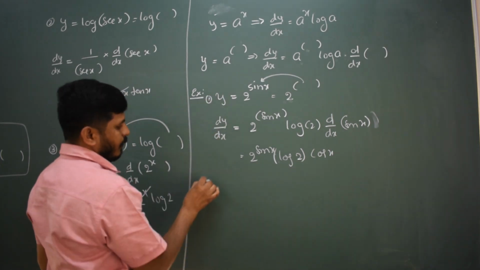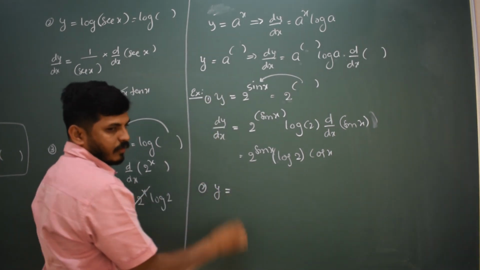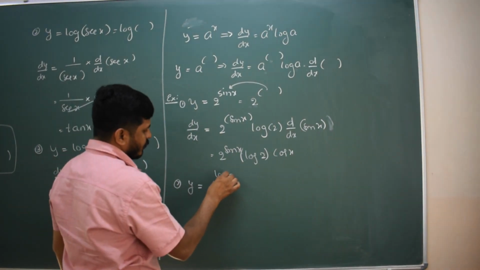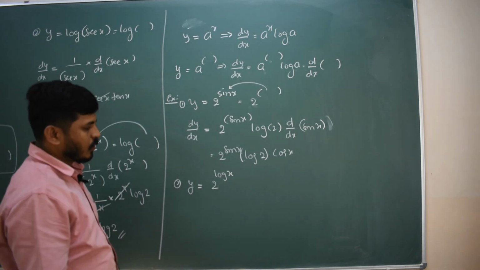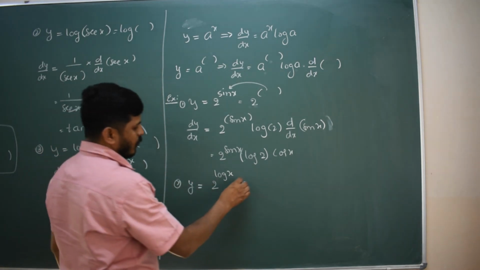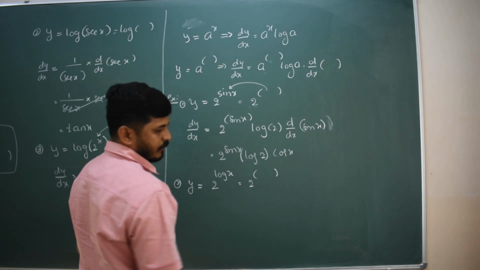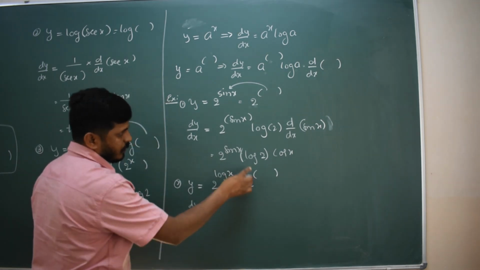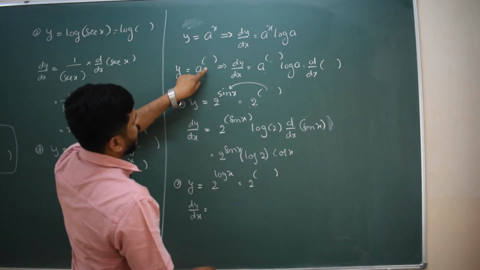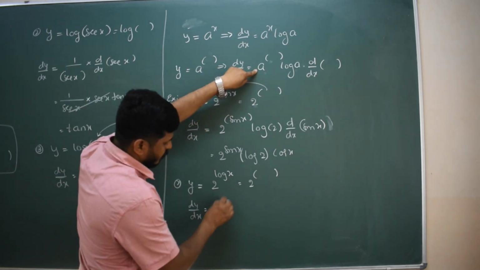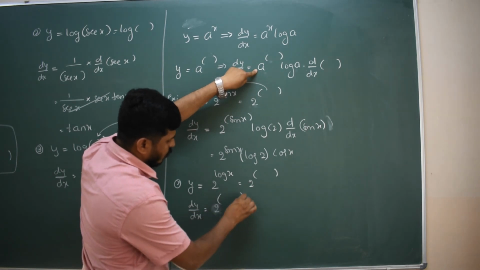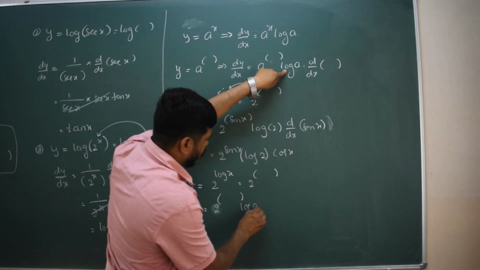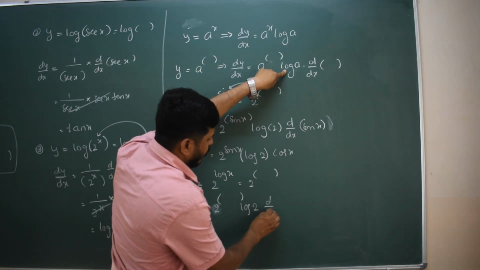Similarly, y is equal to say 2 raised to say log x. 2 is a constant raised to some function. How to read this? As 2 raised to something. What is the differentiation? dy by dx is equal to 2 raised to something into log 2 into d by dx of something.